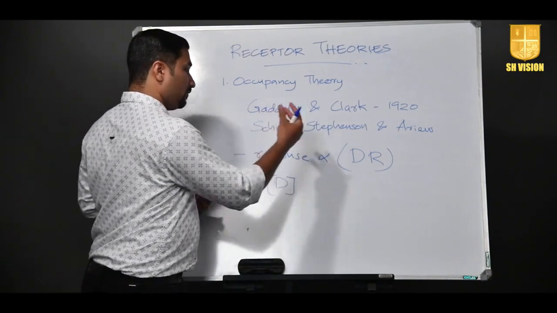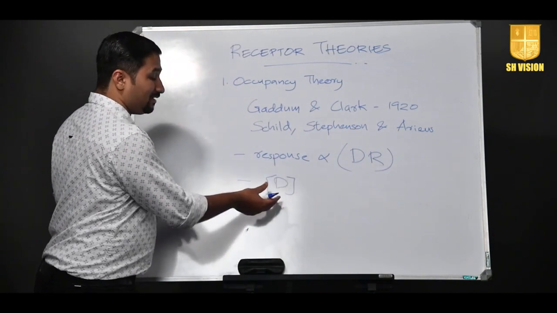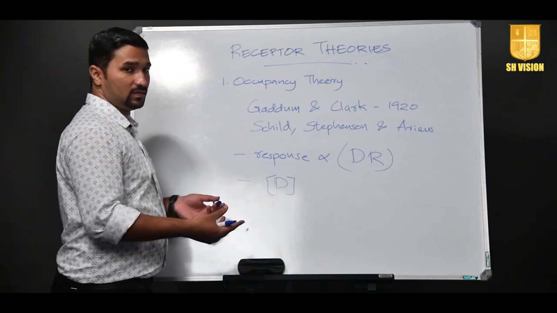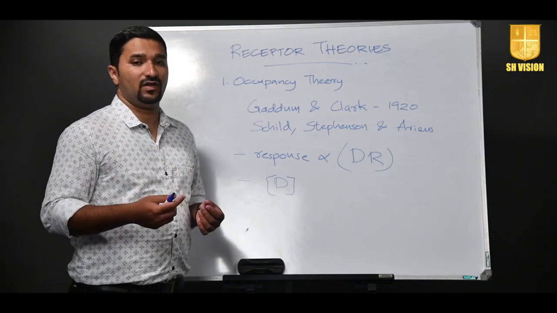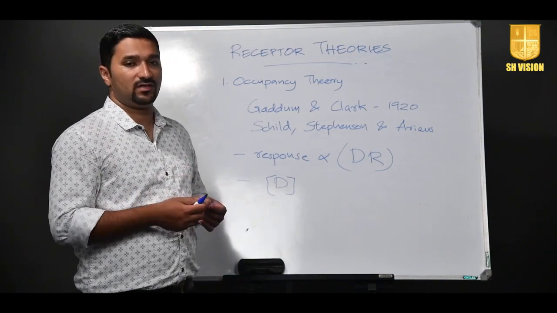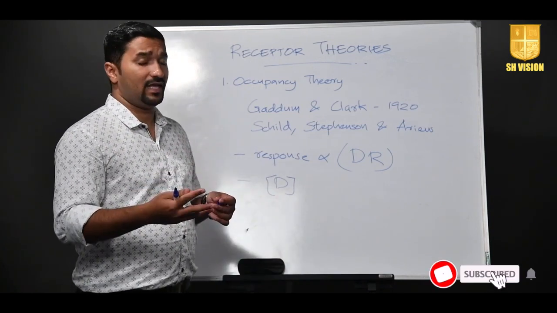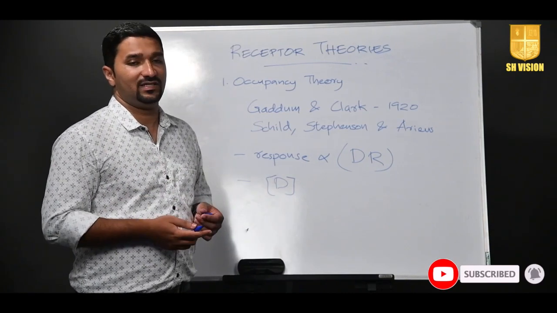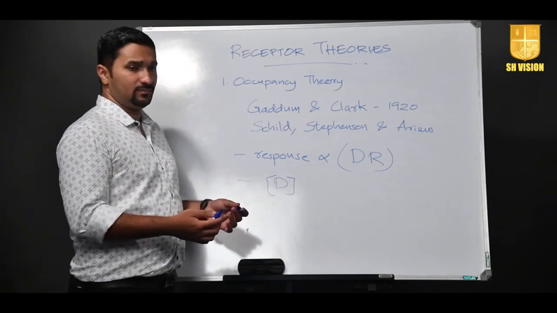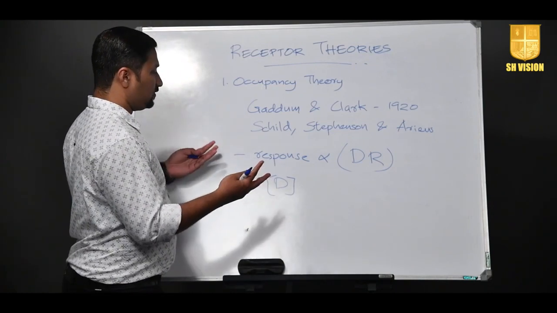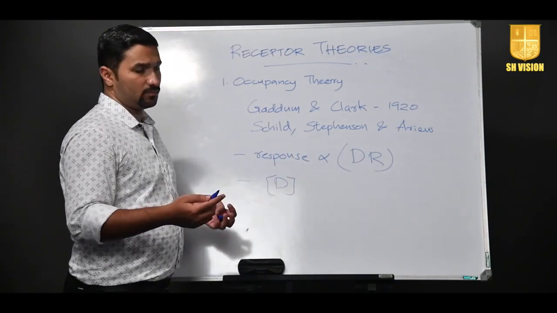The response will be directly proportional to the drug receptor complex, but it will be independent of the amount of the drug that we administer. Another important point is different drugs will have different response towards a particular receptor. Some can act as agonist, some can act as antagonist, or even partial agonist. So the crux of the theory is very simple. The response of a drug is directly proportional to the drug receptor complex that is formed.